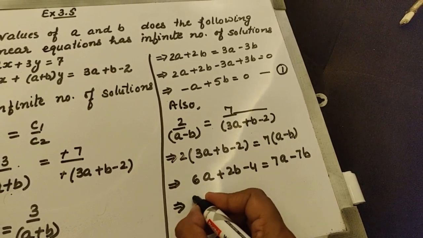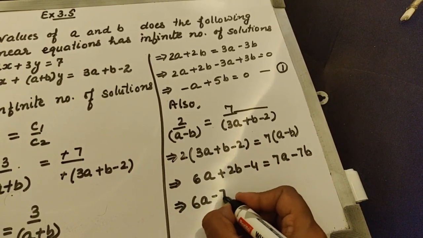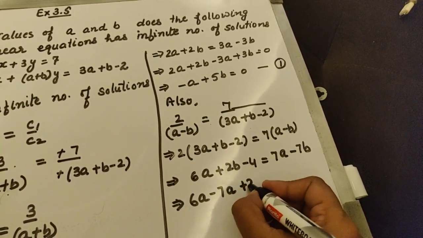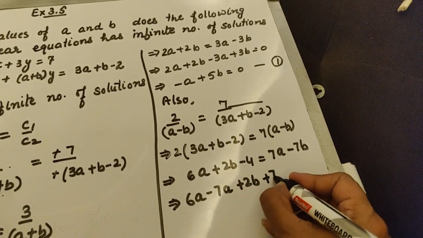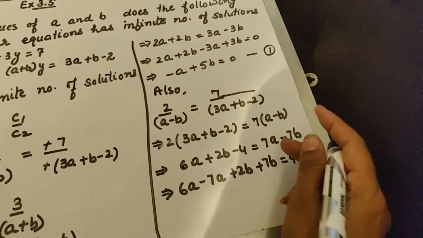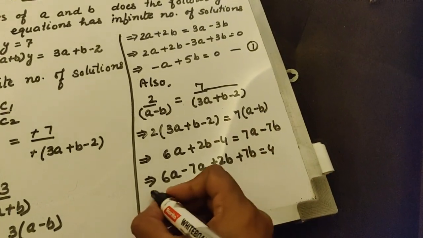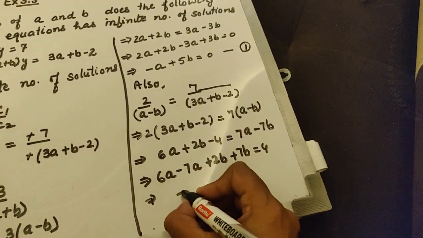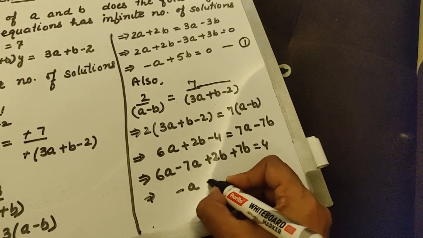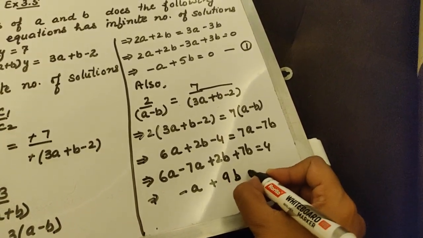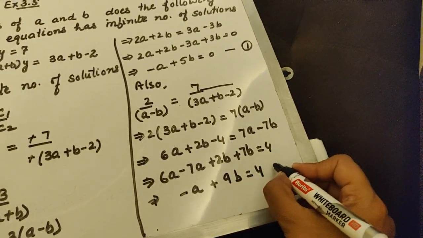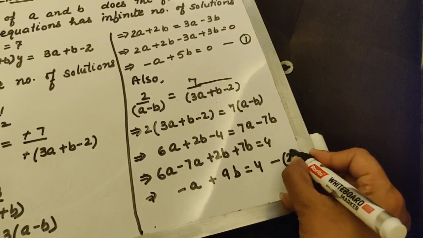This implies 6A minus 7A plus 2B plus 7B is equal to 4. I have changed the sides. So you will be getting minus A plus 9B is equal to 4. This is your equation number 2.